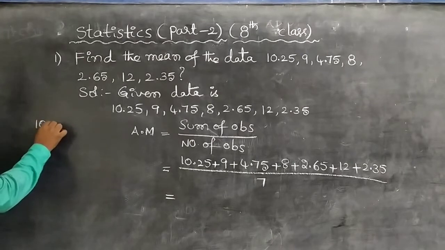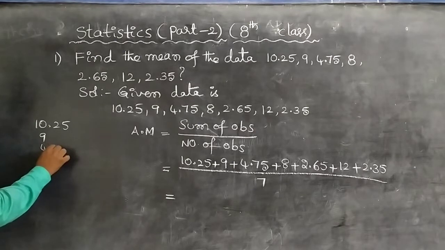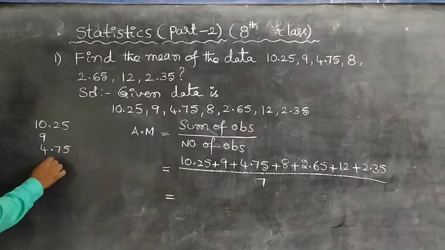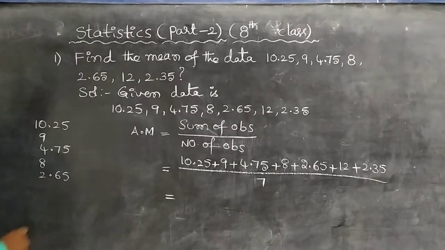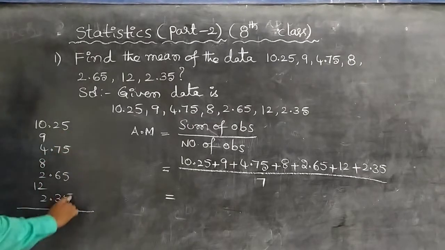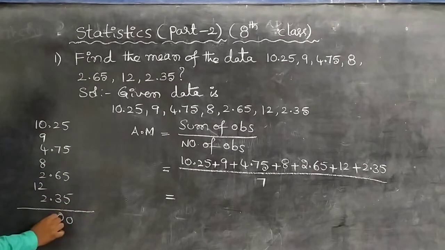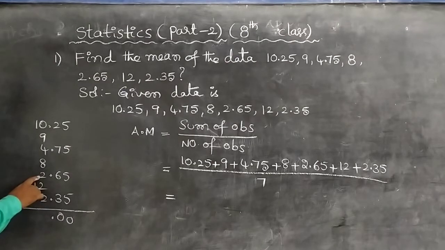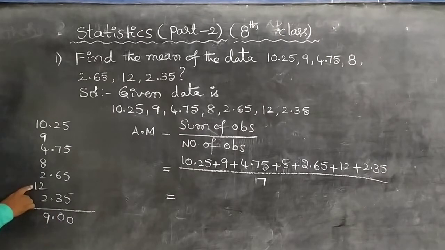So 10.25, 9, 4.75, 8, 2.65, 12, 2.35. The sum comes to 49.